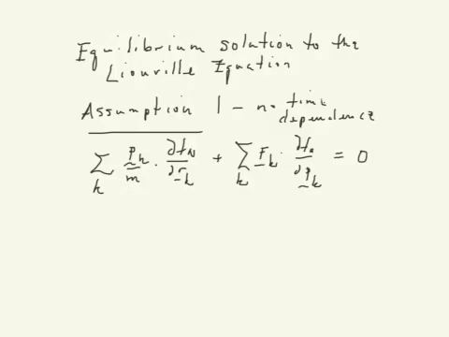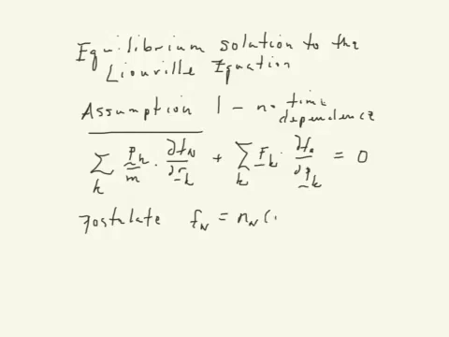Now, under equilibrium conditions, we're going to postulate that the solution can be written in a separable fashion. That is, f of n will be composed of two functions.